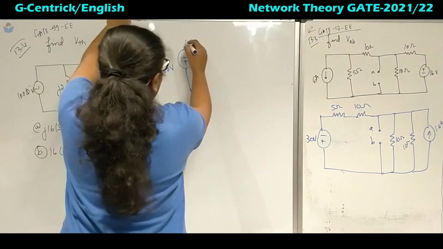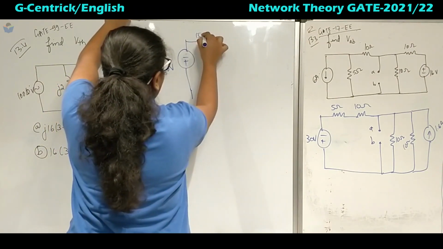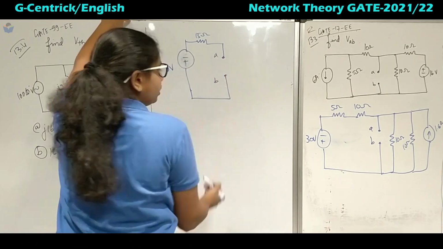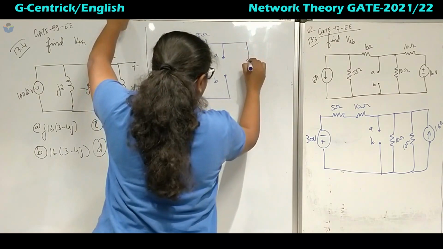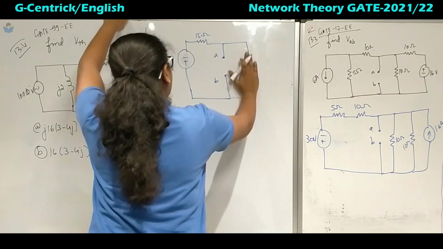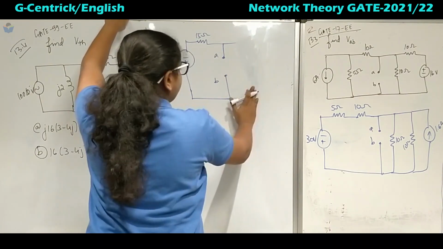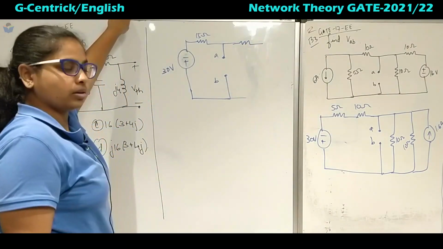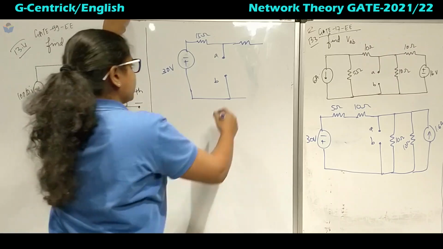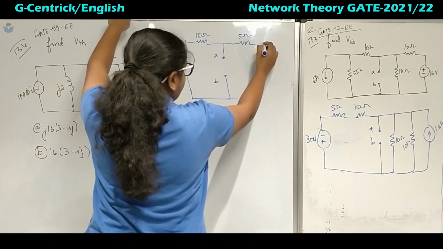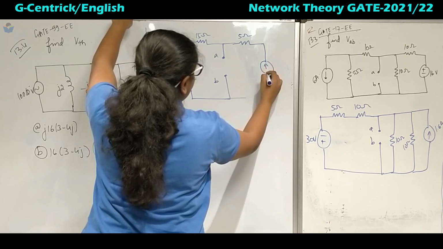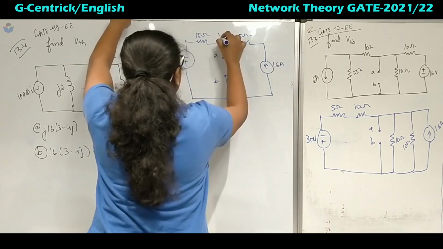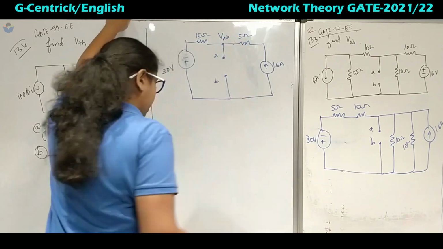So 10 plus 5 is 15 ohms, here it is A and here it is B. Next, I can replace this also in series with the current source. So 10 and 10 both are in parallel, you will get 5 ohms, and the current source is 1.6 amperes. So now this will be VAB.